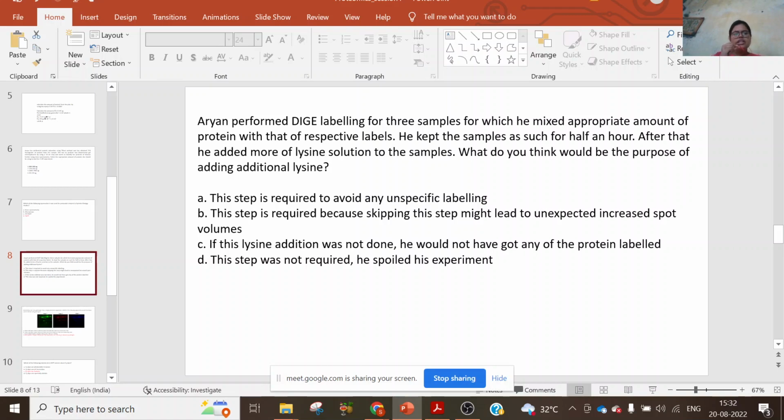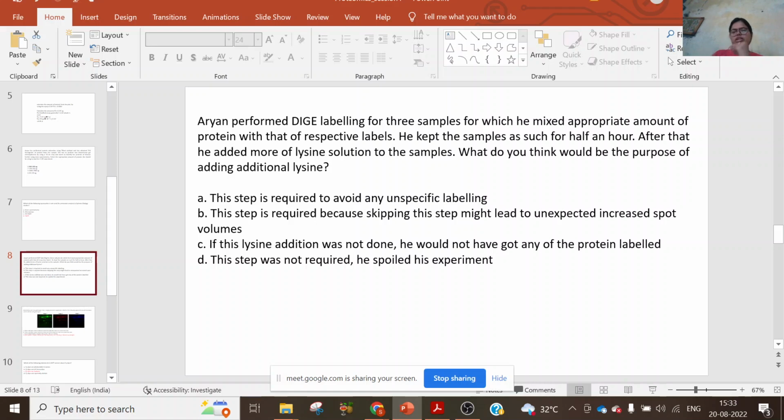Option A: this step is required to avoid any unspecific labeling. Option B: this step is required because skipping it might lead to unexpected increased spot volumes. Option C: if this lysine addition was not done, he would not have got any of the protein labeled. Option D: this step was not required, he spoiled his experiment.